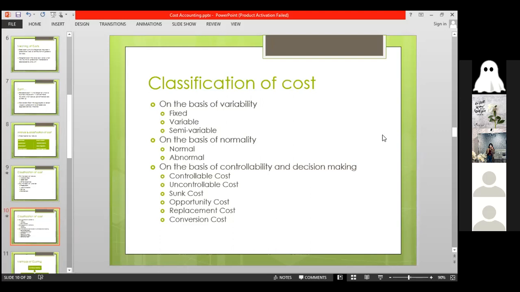Insurance will cover the expense, but insurance doesn't cover 100% of your loss. So insurance will make a calculation, and sometimes it could be 92% or maybe 90%, sometimes 80% of your loss will be covered by insurance, while 20% you have to bear yourself. So that becomes an abnormal cost for the company. So normal is something that was expected, and abnormal is something that was not expected, but it still happened.